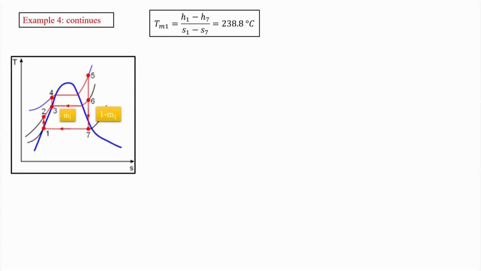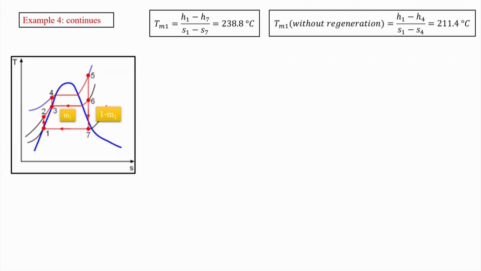We can find out the mean temperature of heat addition, for the cycle without regeneration and for the cycle with regeneration. So the mean temperature of heat addition with regeneration is here (H3 minus H5) divided by (S3 minus S5).